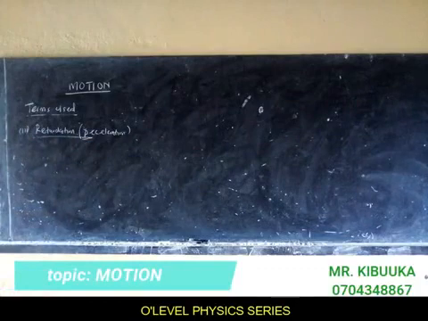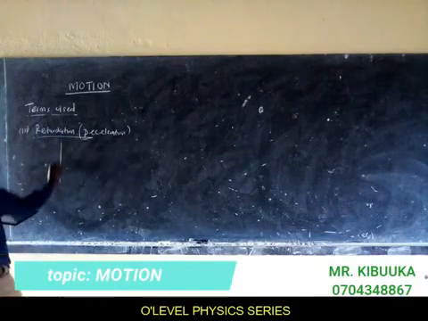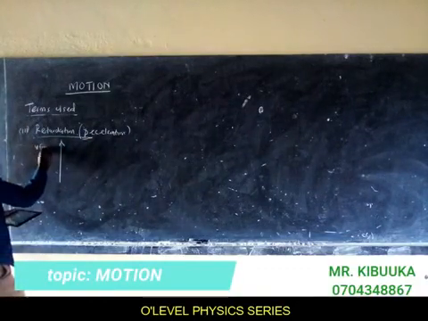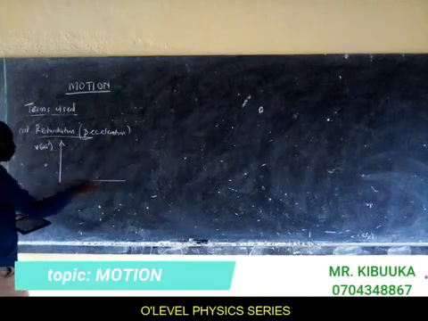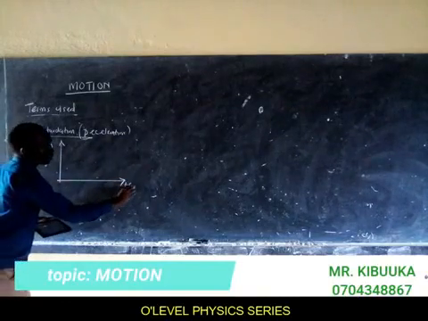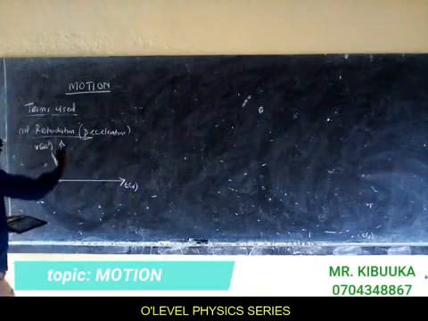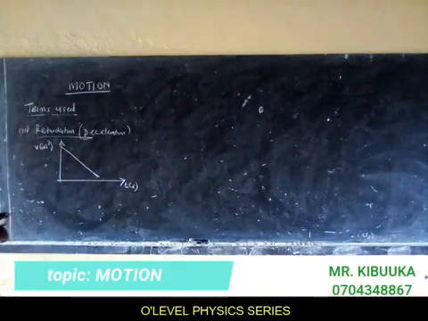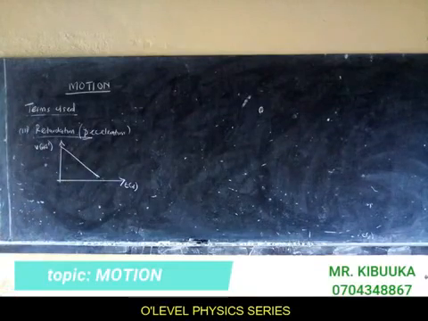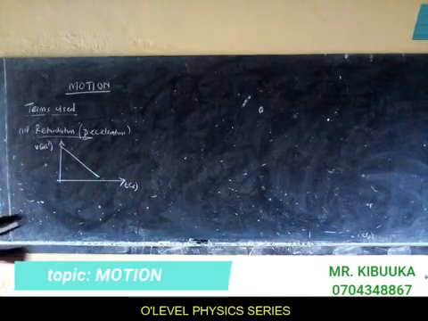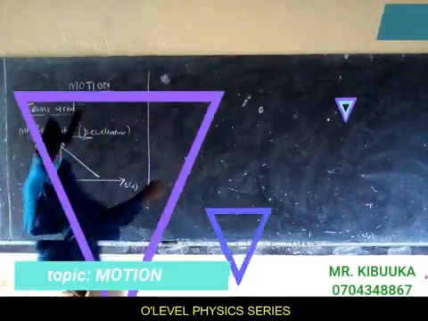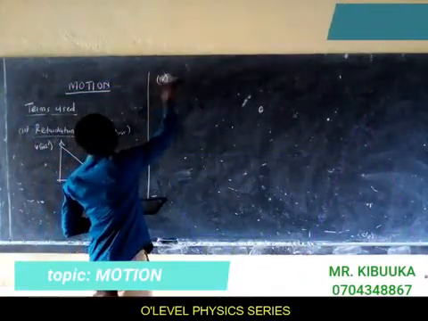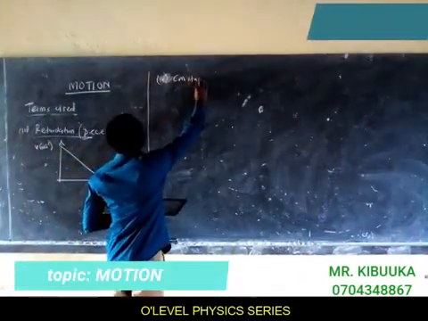Meaning, if I draw a graph of velocity in meters per second against time in seconds for retardation, the graph is like that, a negative graph. Then likewise, acceleration can be constant. We have in Roman 3 and Roman 4, that is constant velocity.